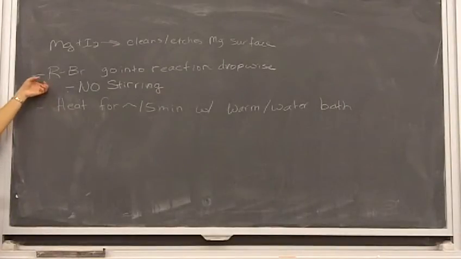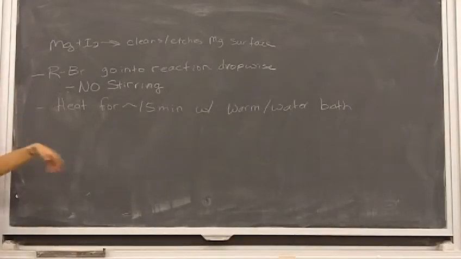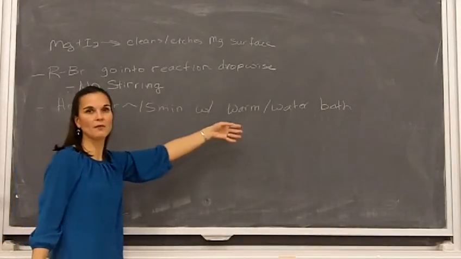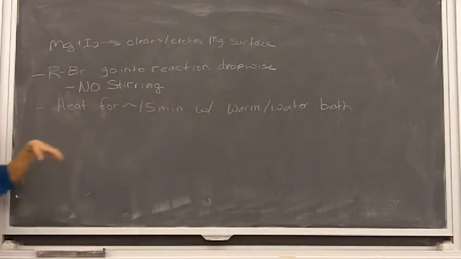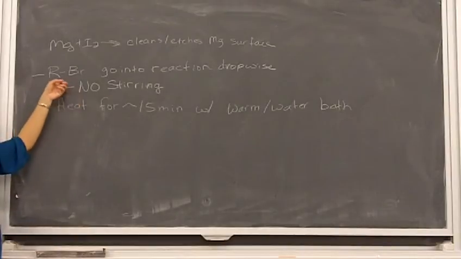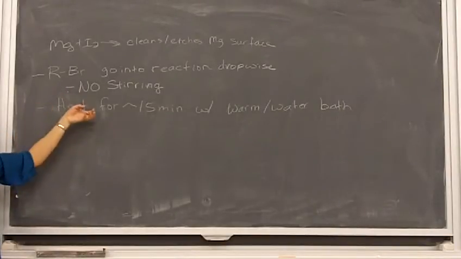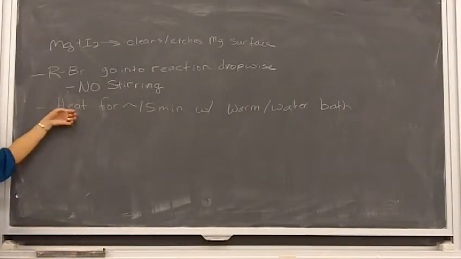So once you've added all the alkyl bromide, that starts your 15 minutes. You want to keep that reflux going. If it's refluxing on its own, don't add the warm water bath because that's probably going to stop the refluxing, okay? But you want to get that warm water bath really hot with hot tap water so that when the refluxing starts slowing down, you can put that hot water in it and keep it going for that 15 minutes if possible, okay?